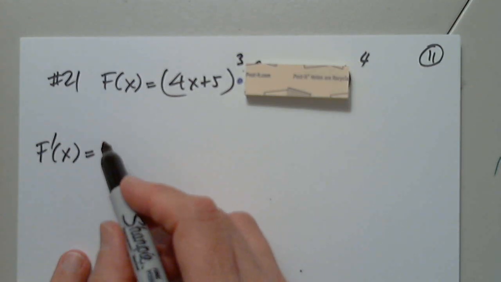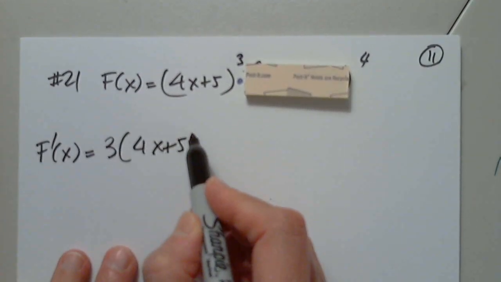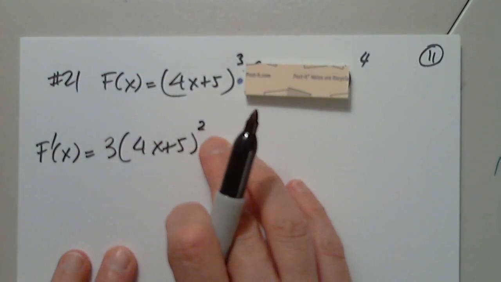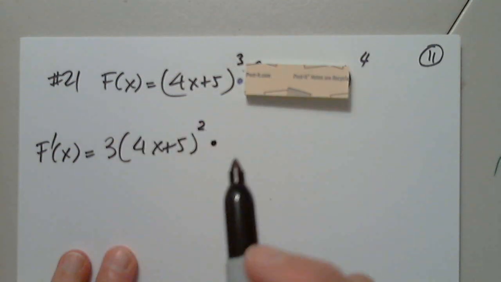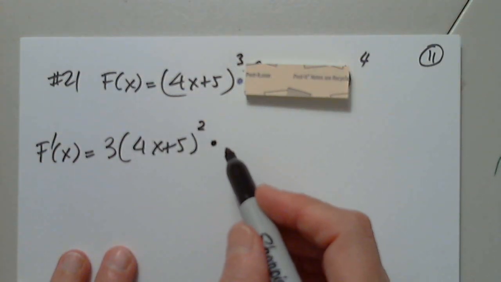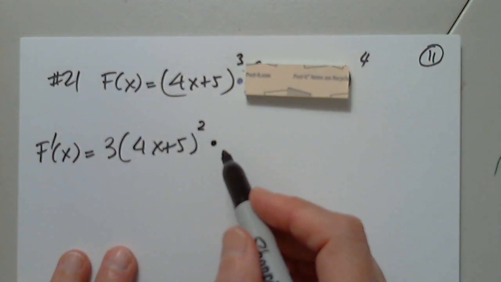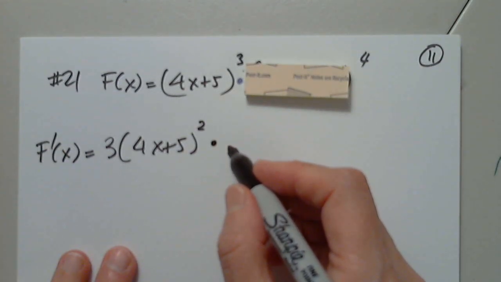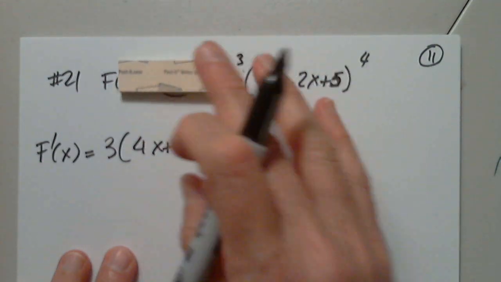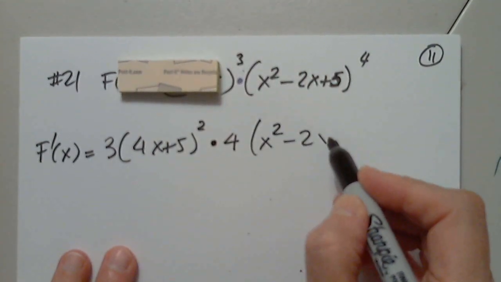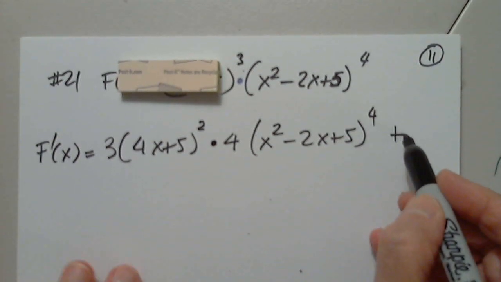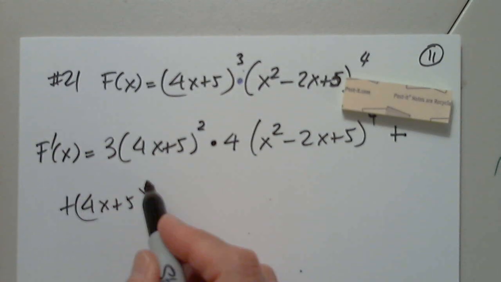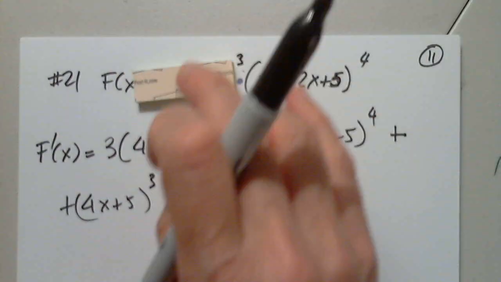Would that be 3 times 4x plus 5 all squared, times the inner function prime? We would stop here if this were x, but it's not x. Times the inner function prime, which is 4. Excellent, times the second one, plus the first one times the second one prime.